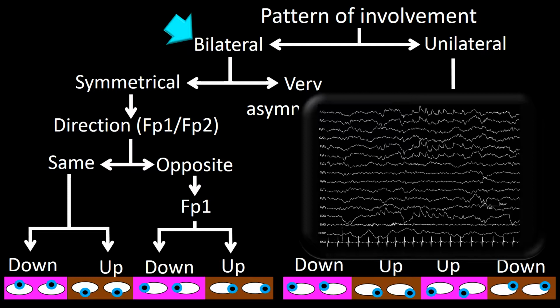The only option is very asymmetrical or unilateral. Therefore, in this case, you would make a judgment and consider this activity not to be very asymmetrical. And since there is no other option, then we have to call it symmetrical. So you can see in this frame the arrow pointing to it.